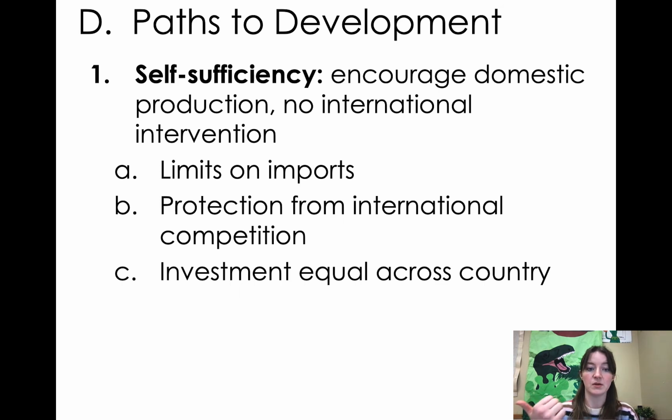So we have limits on imports, we have protection from international competition, and investments are equal across the country. So little importing, basically no exporting or not being able to import things, so there's not competition. And the investment, we're not just putting all of our money in one place, we're putting it everywhere.